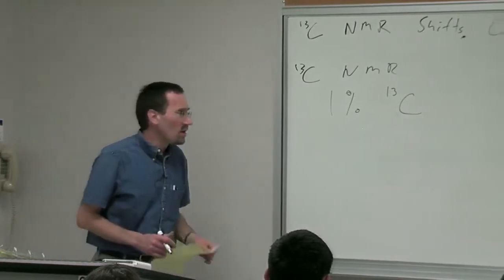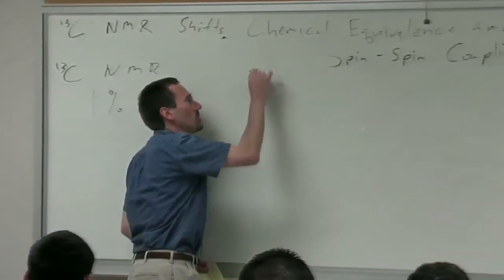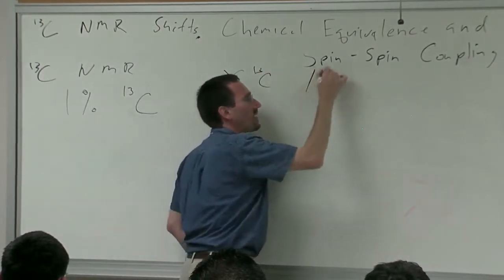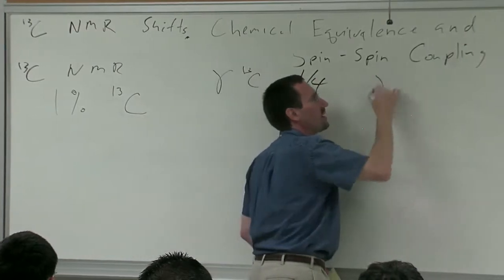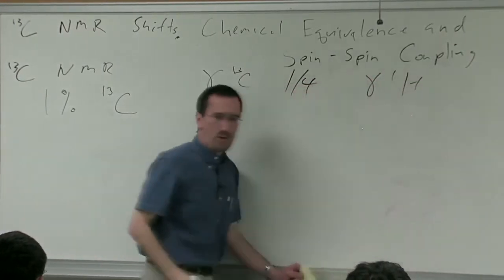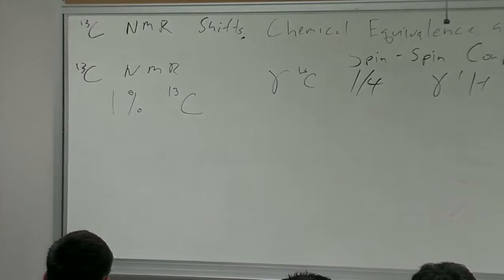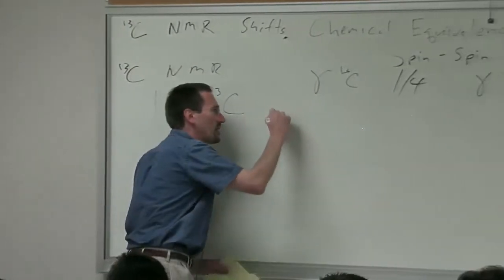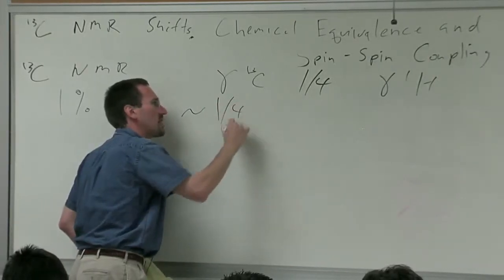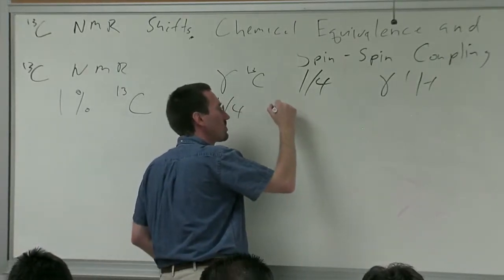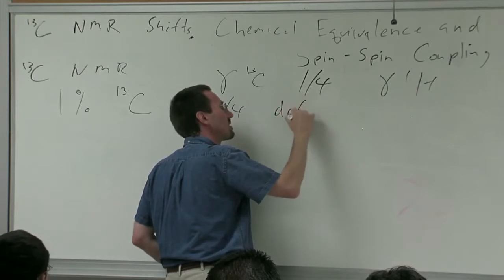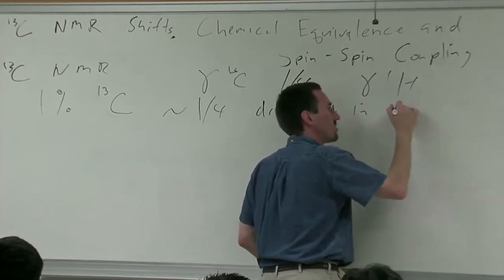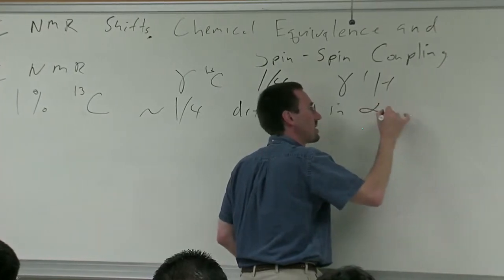Now, things get worse. The magnetogyric ratio for C13 is only a quarter that of a proton. Remember what the implications of that are. That means you get roughly a quarter of the Boltzmann difference in distribution between alpha and beta states.